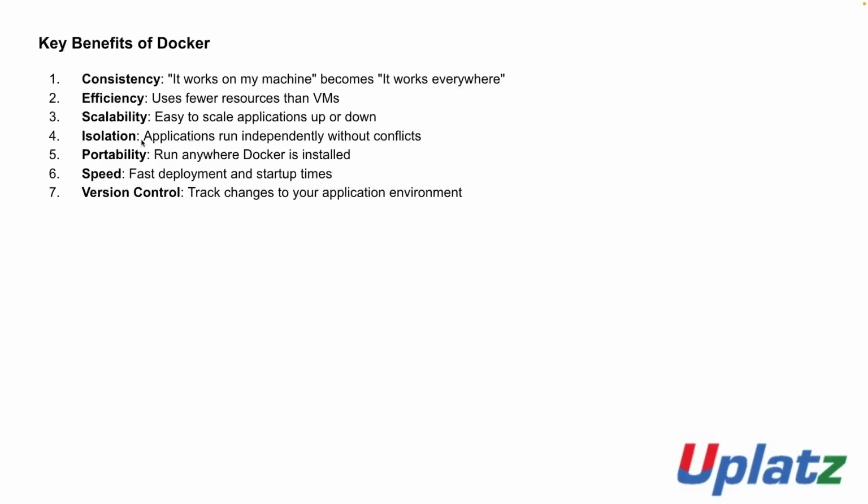Number four, isolation: applications run independently without conflicts. Number five, portability: run anywhere Docker is installed. Number six, speed: fast deployment and startup times. Number seven, version control: track changes to your application environment.